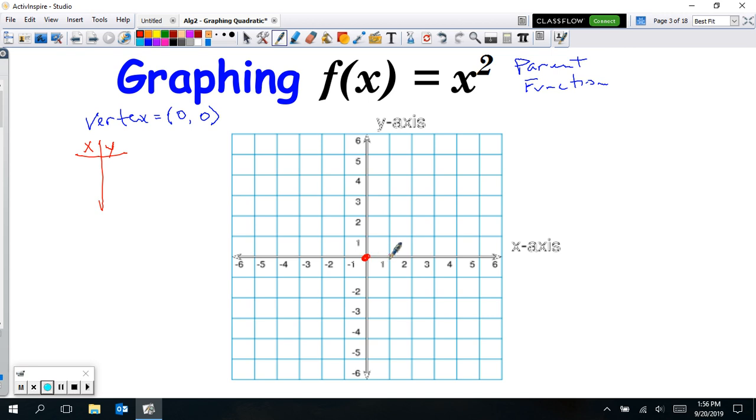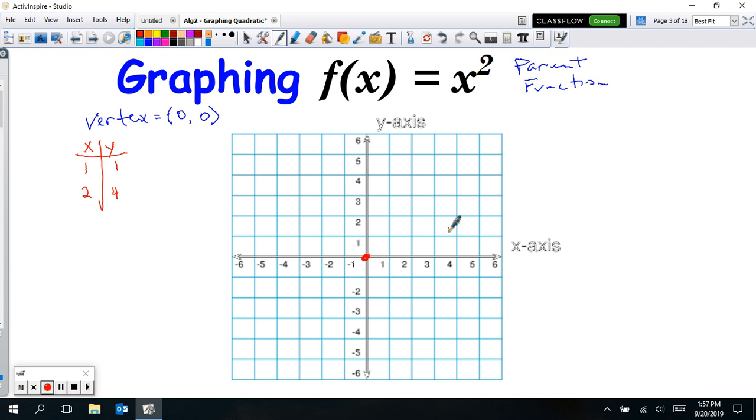We would need to pick like 1, maybe 2 as well. We could pick those numbers for the x as inputs. We can put those in here, right? And say 1 squared is still 1. So we're getting 1, 1. And 2, if I plug 2 in, 2 squared is 4. So I'm getting 2, 4. There's points that I know are on my graph, and I can plot those.